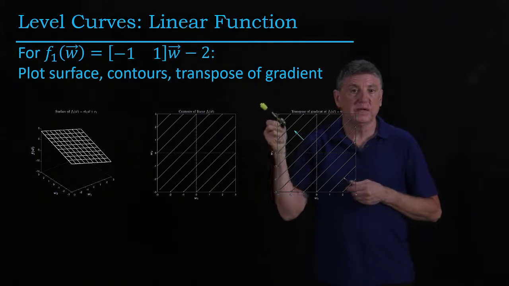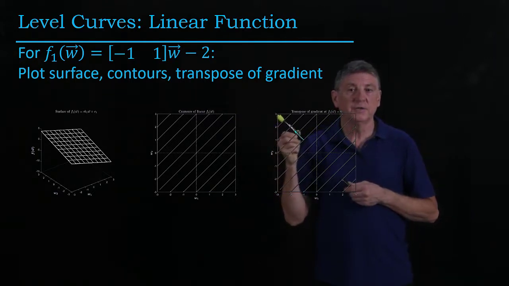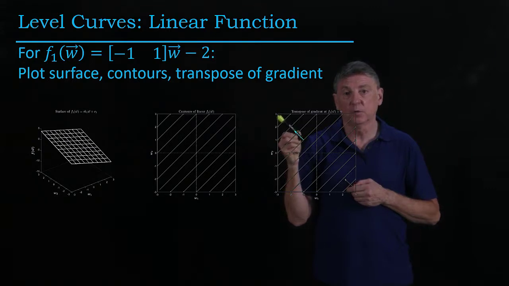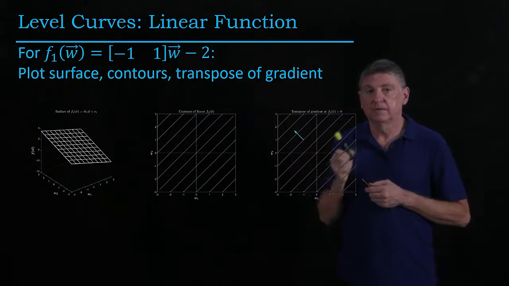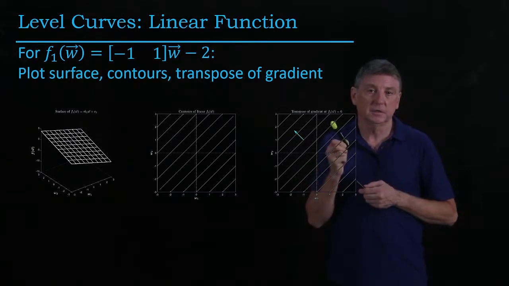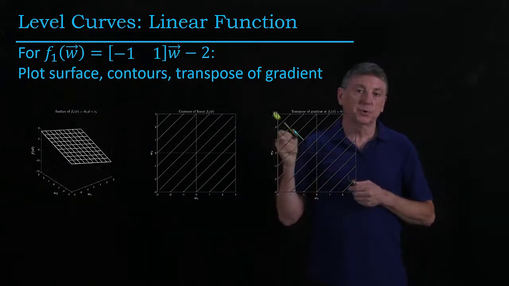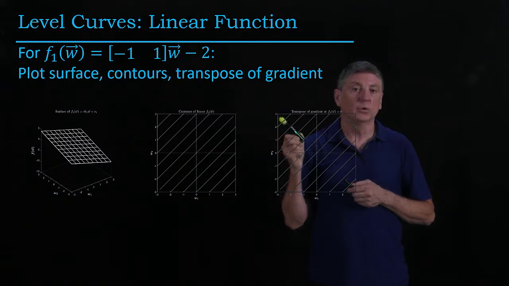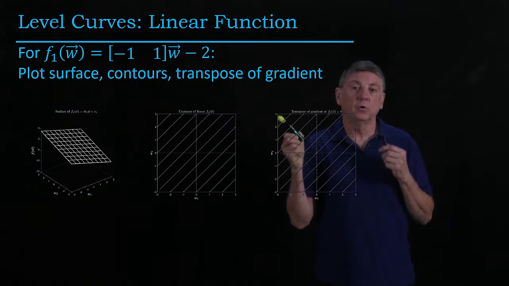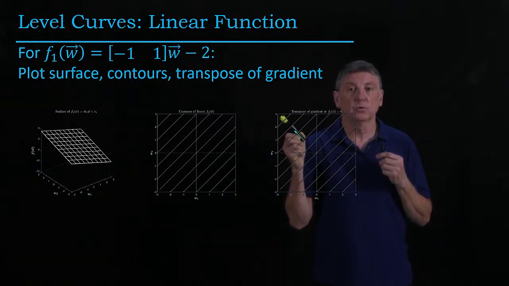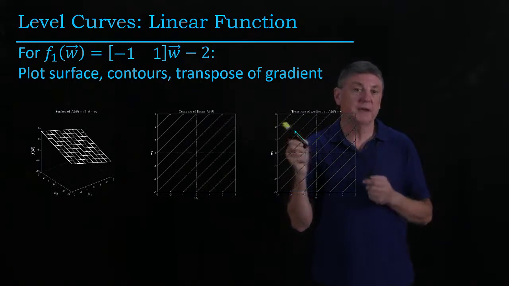If we transpose that one-form into a vector, it gives us a normal, and every contour of this linear function is perpendicular, orthogonal, or normal, all the same meaning in 2D, to the transpose of that one-form.